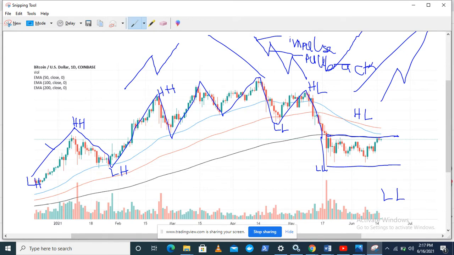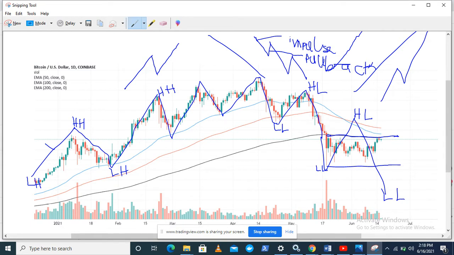So, lower high, lower low. Once this is established, the very first part, this is the start of a downtrend.